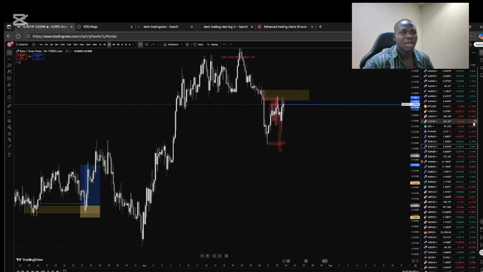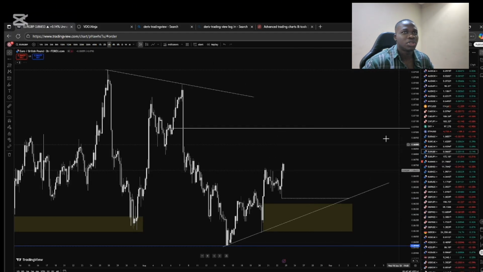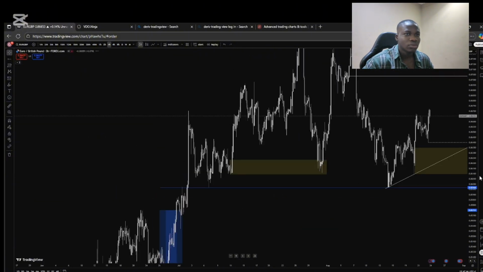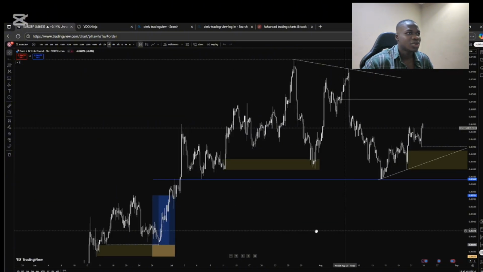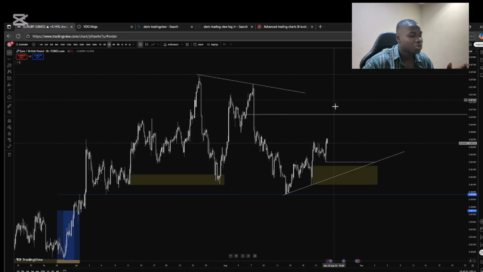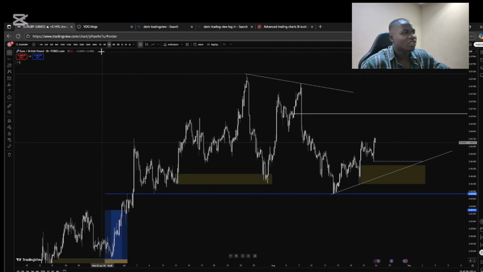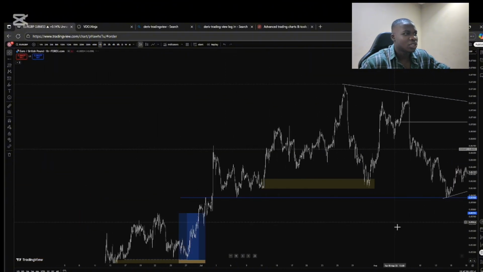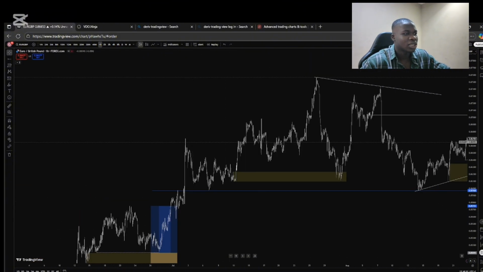So now let's see what's going on on Euro GBP. The reason why I marked out all this on Euro GBP is pretty much clear, because we can see the same thing over and over again. I like to read internal structure. I can see there was a break of structure right here, and there was another one right here.